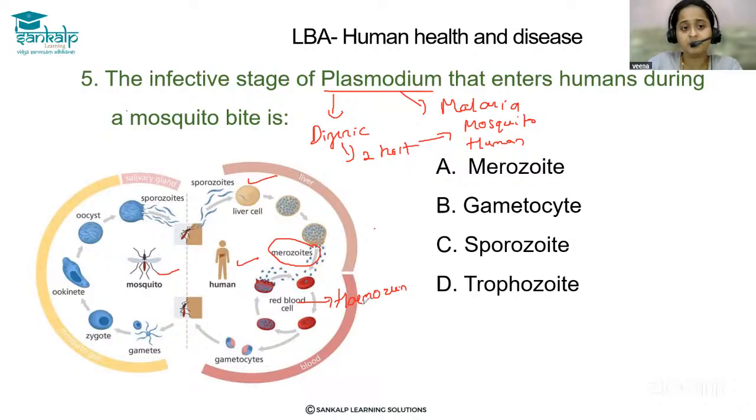Because of that substance, recurring fever, chills and headache occur, because of the release of toxic substance from the red blood cells.